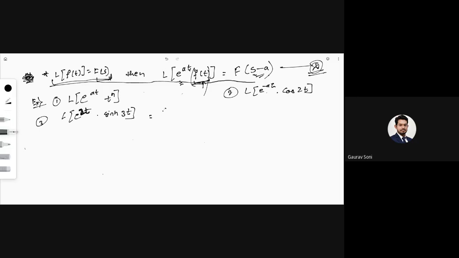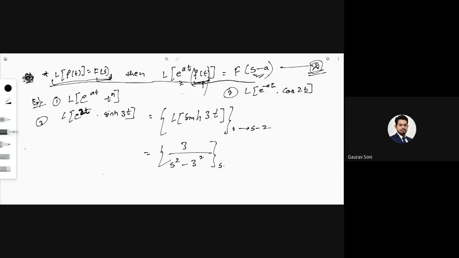So Laplace of e to the power 2t sinh of 3t: whatever answer comes, replace s by s minus 2. We know that Laplace of sinh of 3t is 3 upon s square minus 3 square.